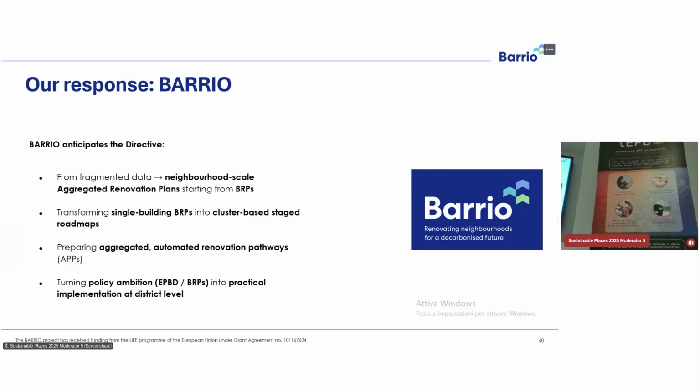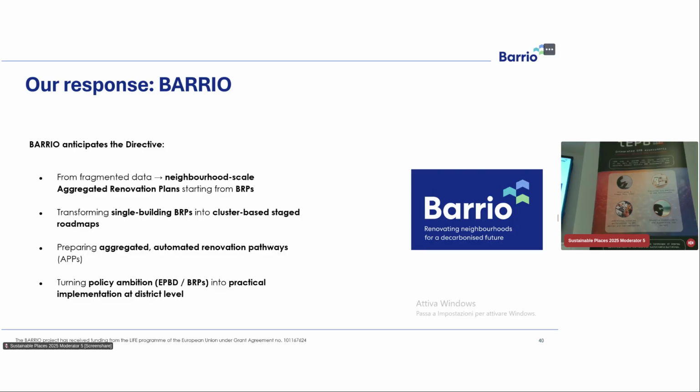BARRIO is aimed at fostering neighborhood renovation, because it comes from Latin, apart from the Spanish word, the root of the word is bar, that is part of cities, what the Romans called part of cities. And how do we meet, or really anticipate, the EPBD?